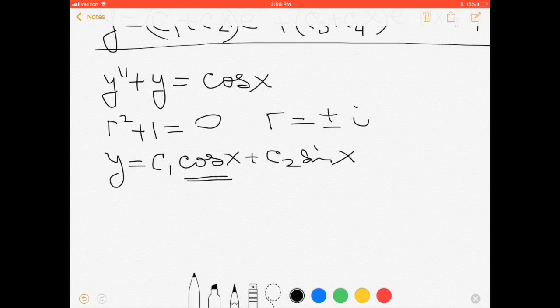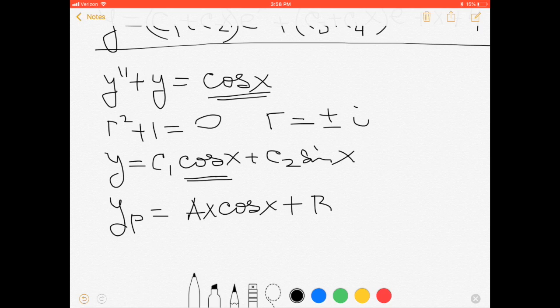But looking here, cosine x is exactly the same as in the right part of your equation. This means we find a particular solution of the shape ax cosine x plus bx sine x. Oops, sine x.